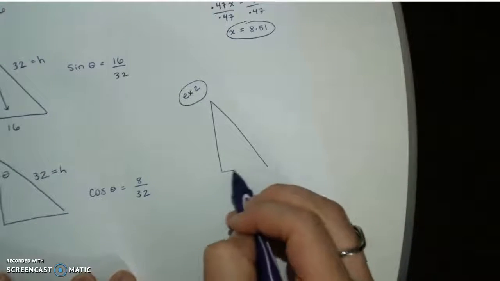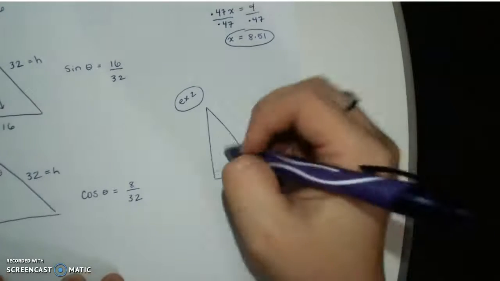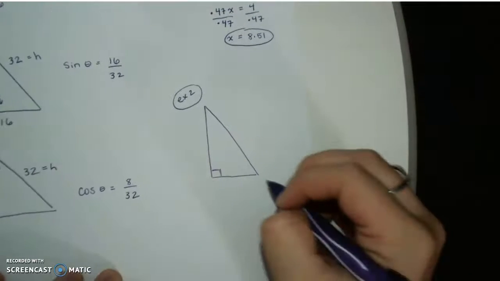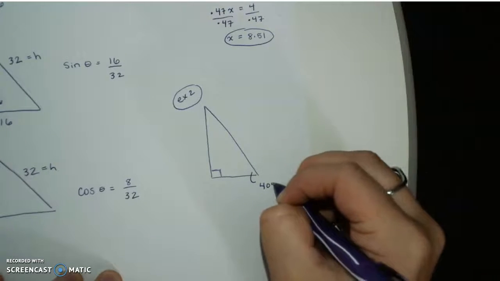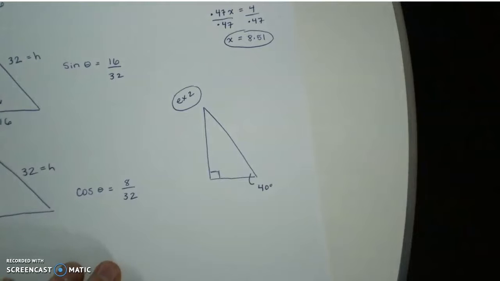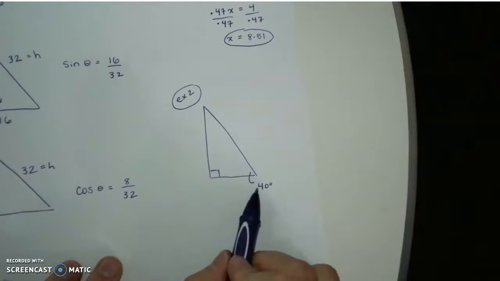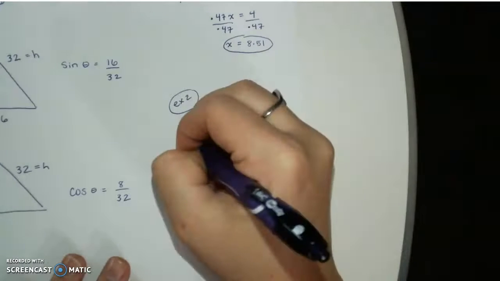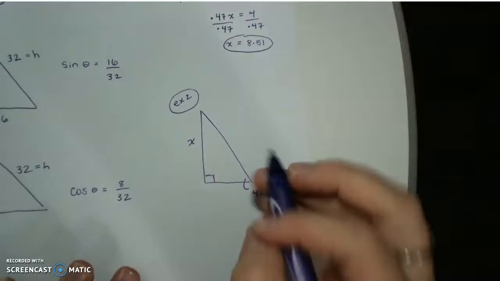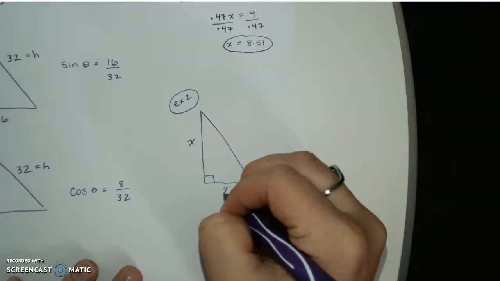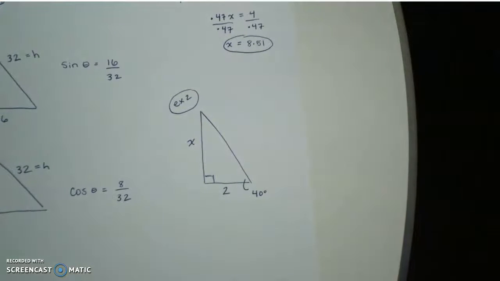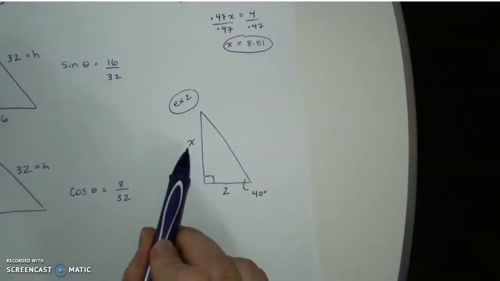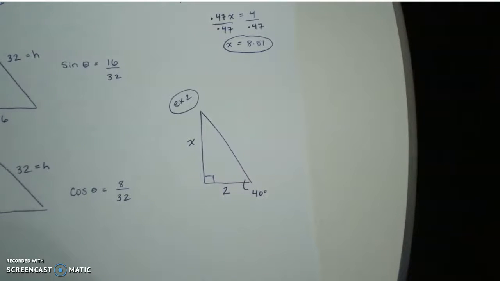Let's say that in this right triangle, this angle is 40 degrees. It's not special, it's not a 45, 45, 90. It barely misses the mark. And I want to know this side, and I do know this side. Okay? So we're trying to find x, what side x is.